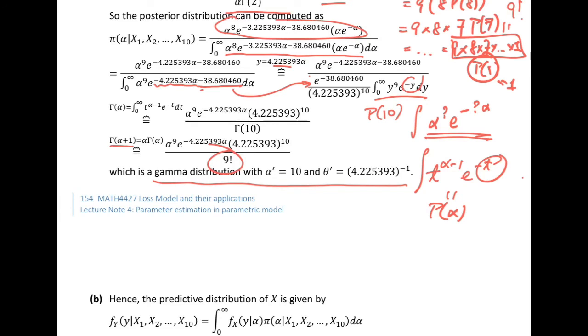I'm not going to really do the derivation, so you can just compare by yourself. This is how you get the posterior distribution for the incomplete data.